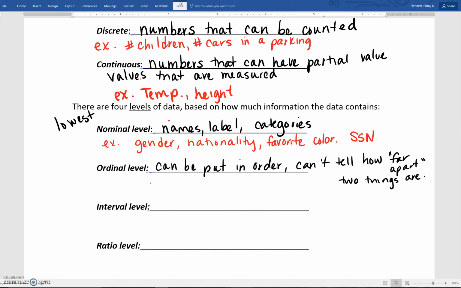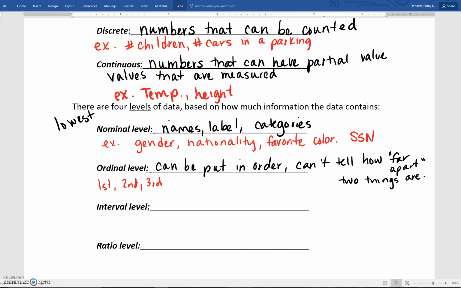An example would be places, like first place, second place, third place. If you were ranking colleges, you may have that Harvard's the best college, and then Princeton, and then another, say Yale. But those college rankings aren't telling you how much better Harvard is than Princeton.